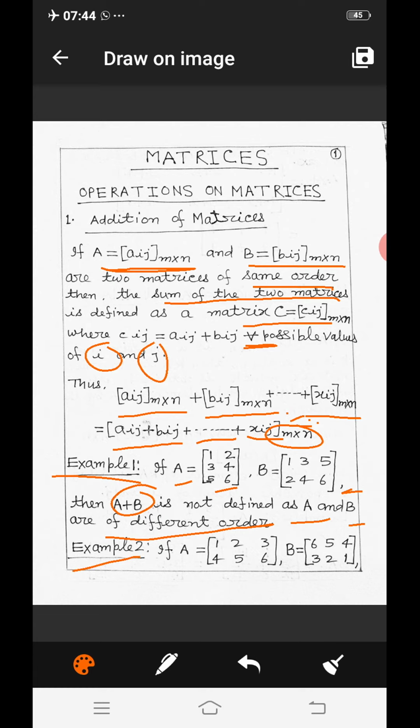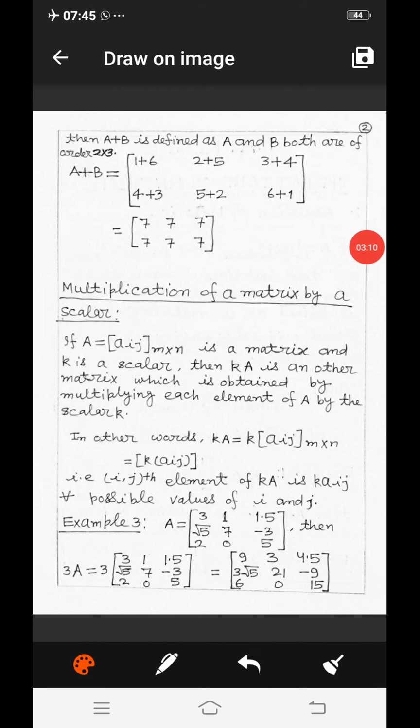Example 2. If A equal to having elements 1, 2, 3, 4, 5, 6 and matrix B equal to having elements 6, 5, 4, 3, 2, 1, then A plus B is defined as A and B both are of order 2 by 3.